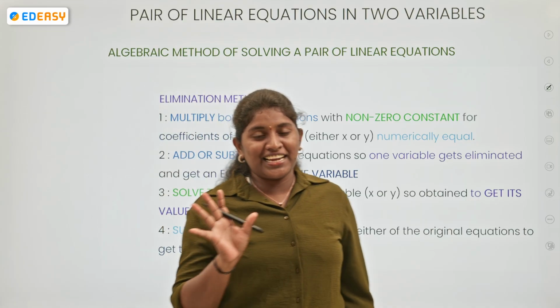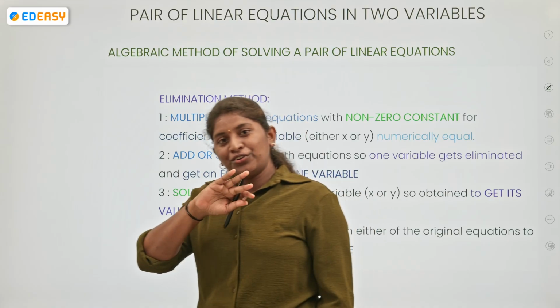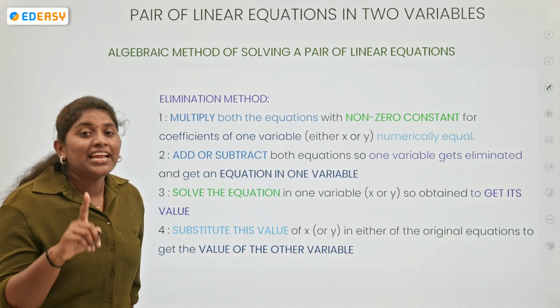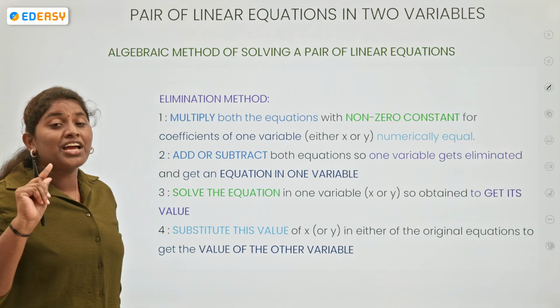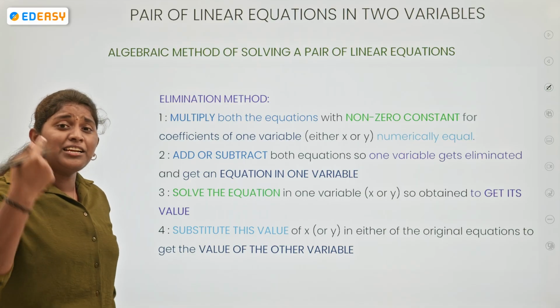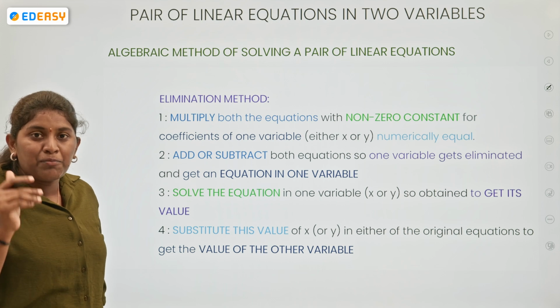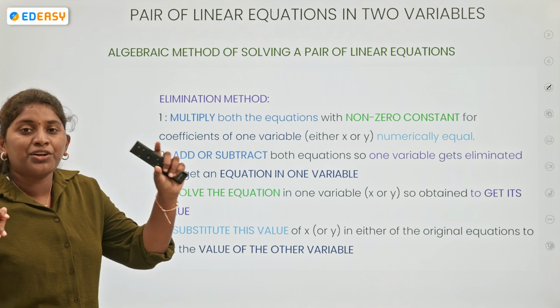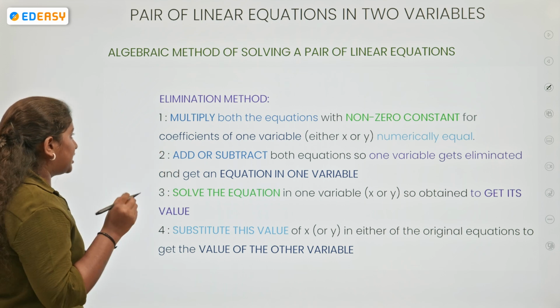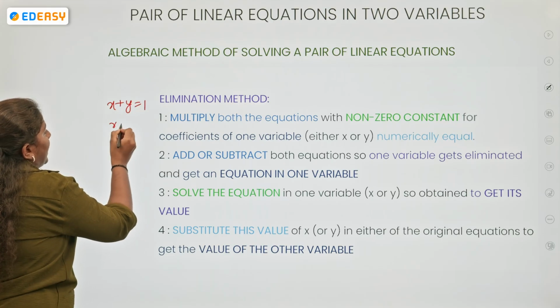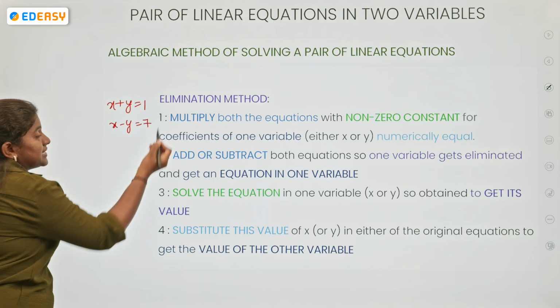Elimination, as the name itself says, means we are just going to remove. In the same way, the elimination method means we are going to eliminate, that is, remove one variable with the help of the relation between your given two equations. Take x plus y equals 1 and x minus y equals 7, the same example.